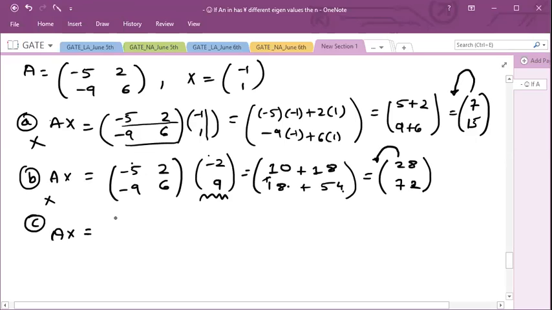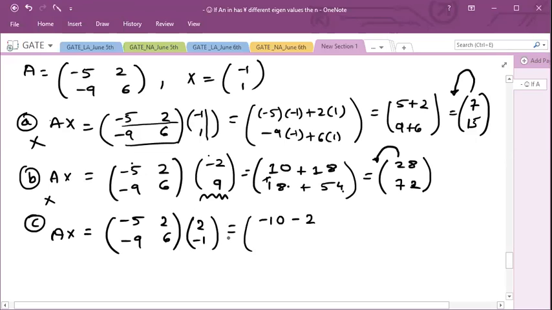Option C, (2, -1). So Ax is equal to (-5, 2; -9, 6) with (2, -1). This becomes 5 2s are 10, 2 1s are 2, 9 2s are 18, 6 1s are 6.